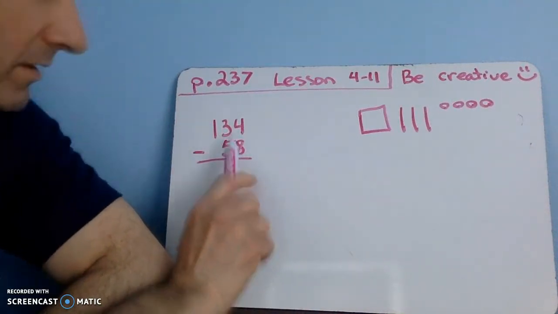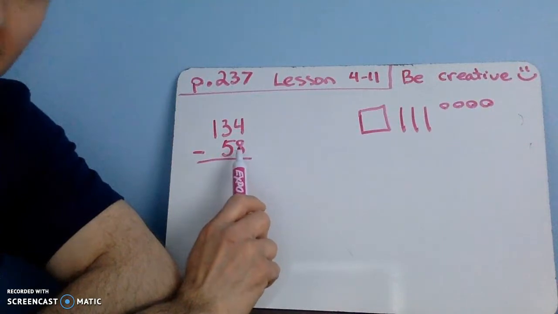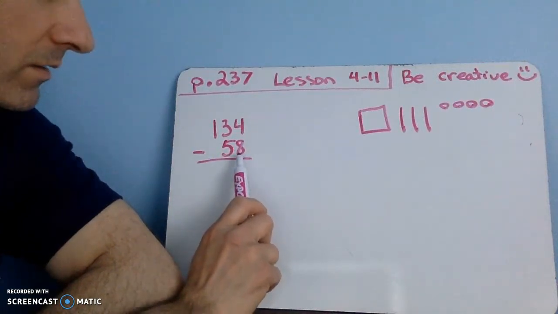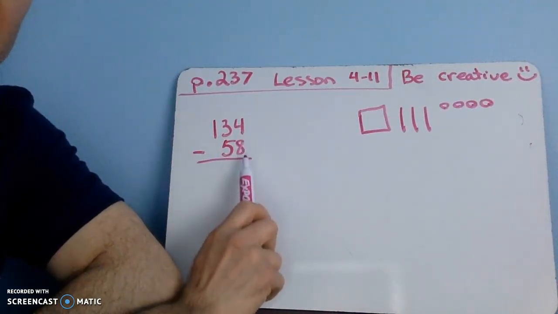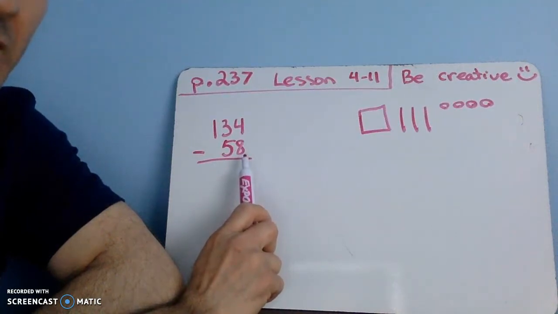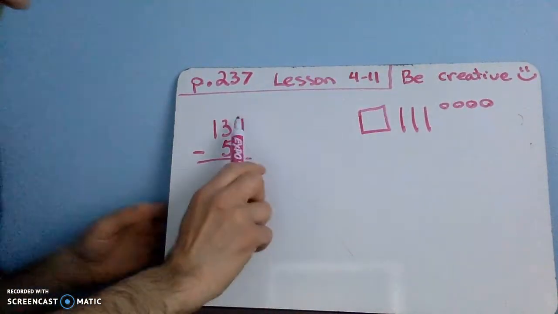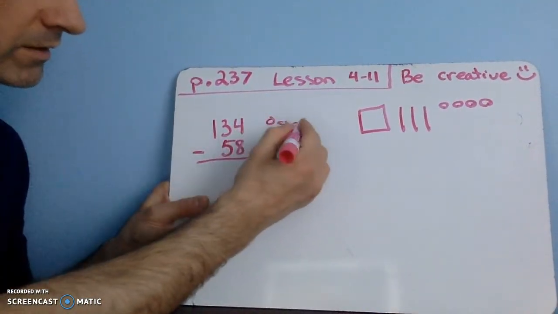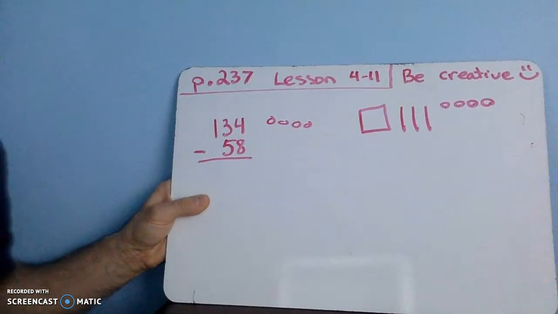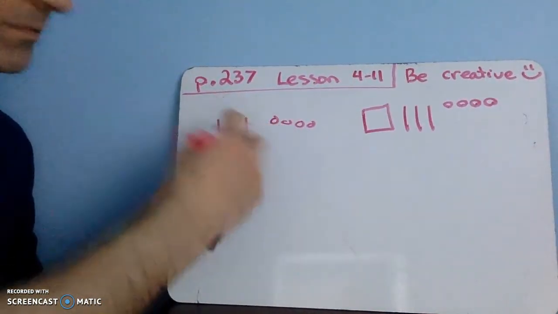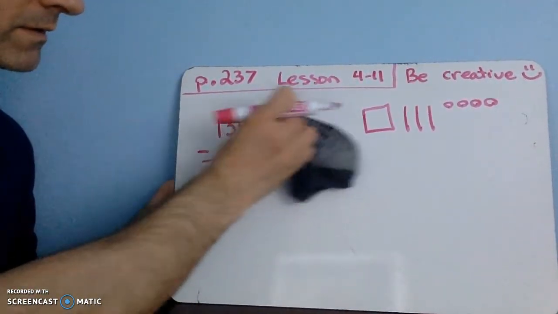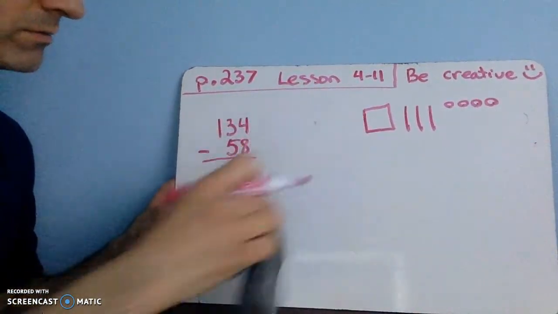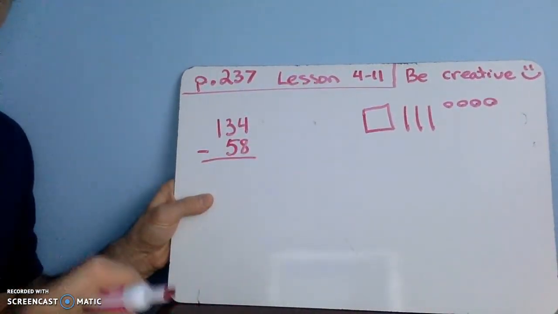Ungroup is when your bottom number, in this case an 8, is larger than the top number, in this case a 4. So is the bottom number larger? Yes, it is larger. So it's always a top-down process. 4 minus 8, you cannot. How can you take 8 away from that 4? Is there 8 even there to take away from that 4? No way. Okay, so you have to ungroup.